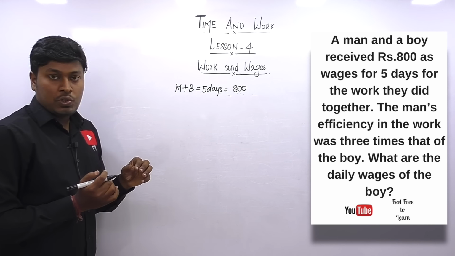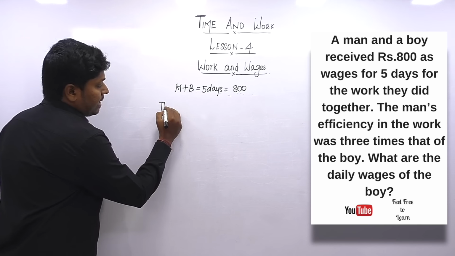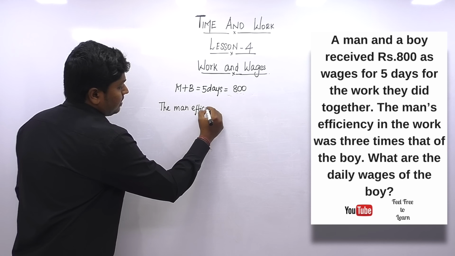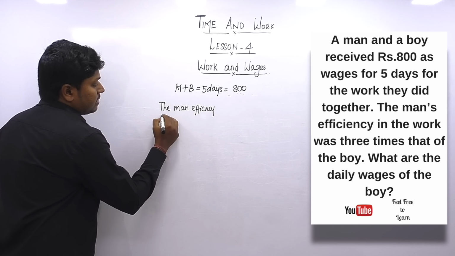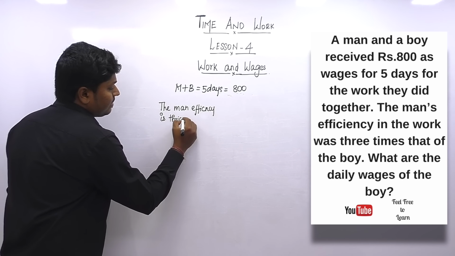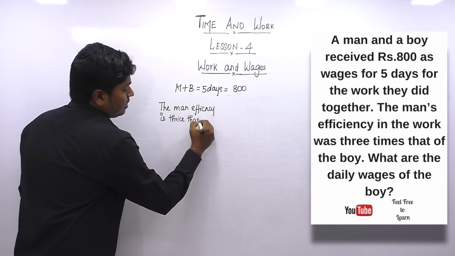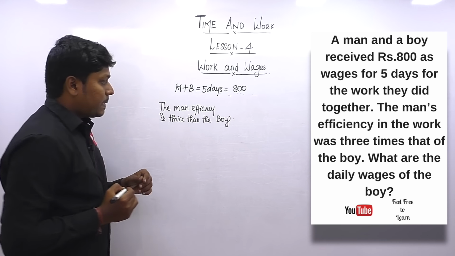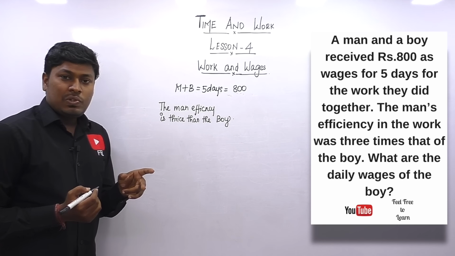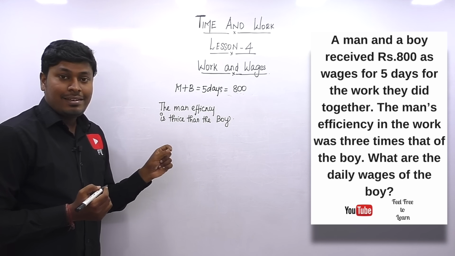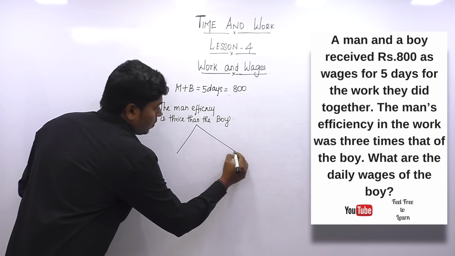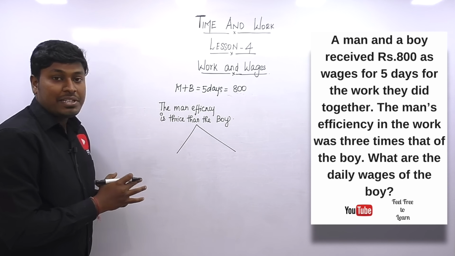And point number 2 is, listen here, the man's efficiency is thrice, or 3 times, that of the boy. So friends, in lesson number 2 or lesson number 3, while teaching based upon efficiency, I taught you how to write if the question is based on efficiency.